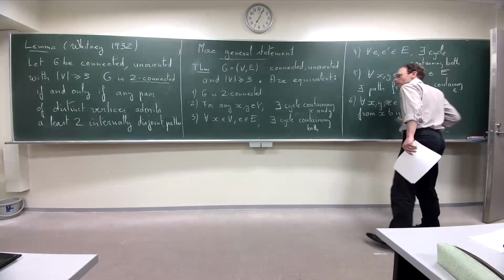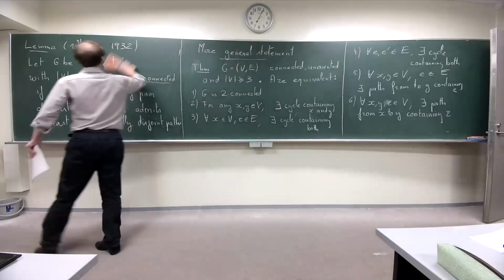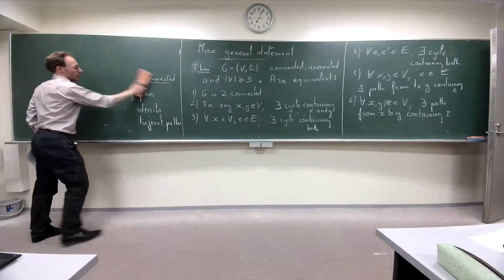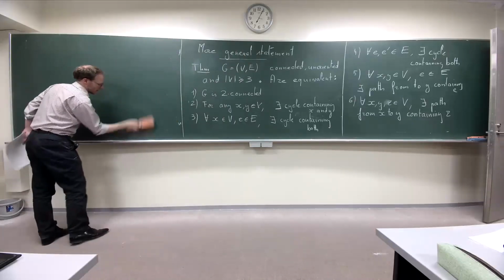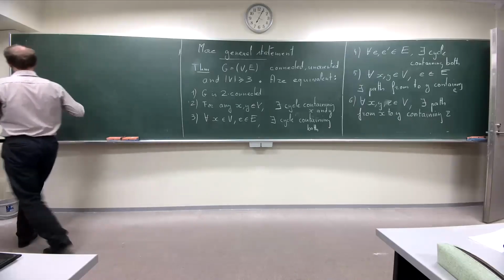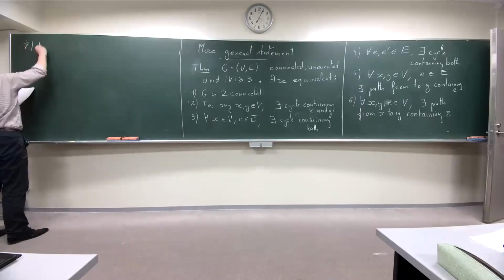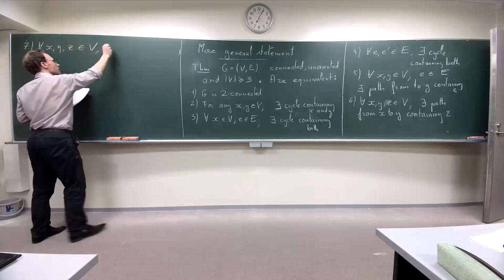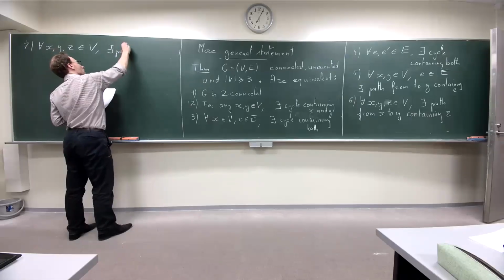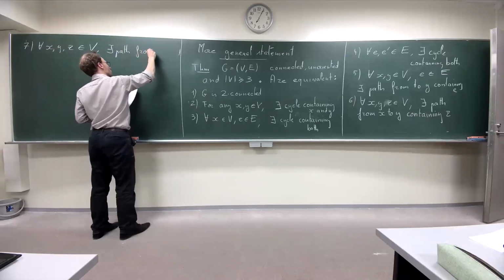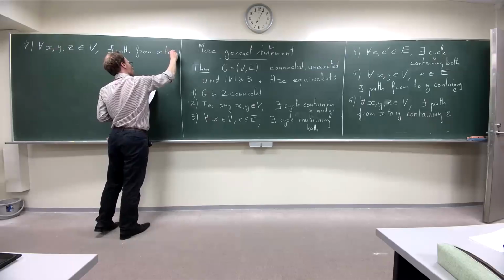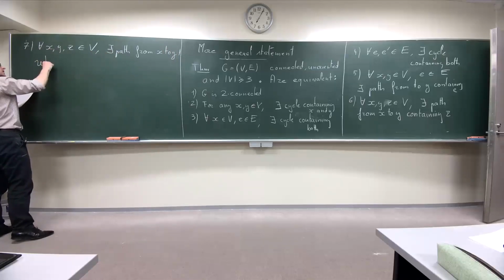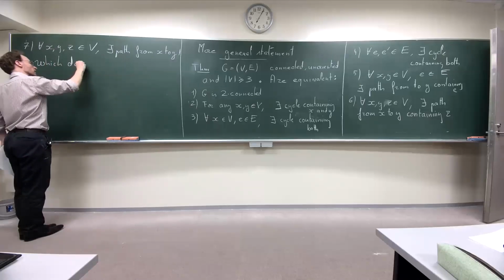And the last one, which is quite similar. For any x, y, z in the set of vertices, there exists a path from x to y which does not contain z.